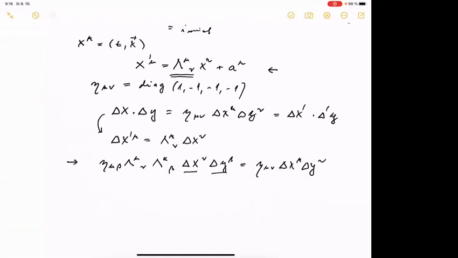So we get the following condition, comparing coefficients of δx, δy, in the form η_αβ Λ^α_μ Λ^β_ν. I missed some indices here. There should be, of course, alpha.